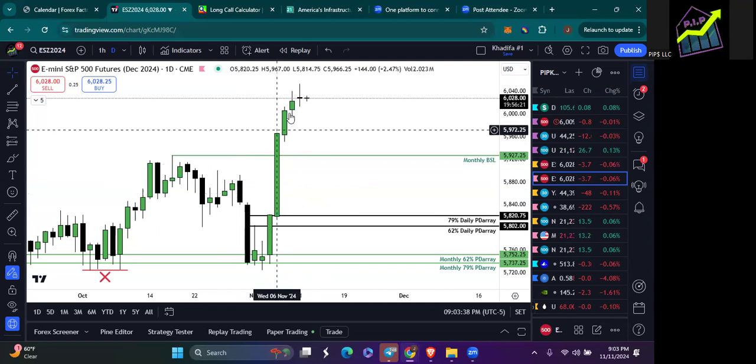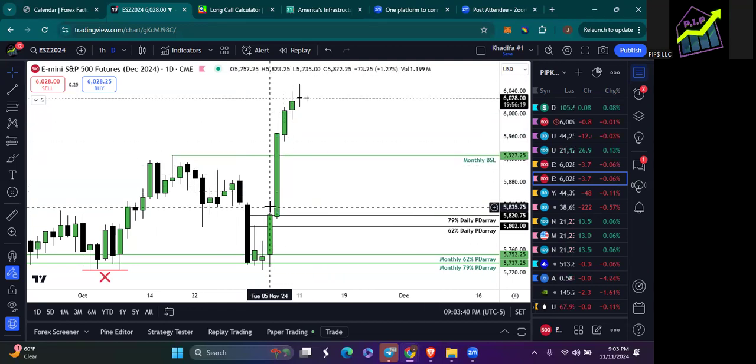Then we will see how price reacts to those levels to determine where we're going to position ourselves for the next move. Trading is really simple. We just complicate it with our greed and with our lack of discipline. Point blank, period. There's no way around that.